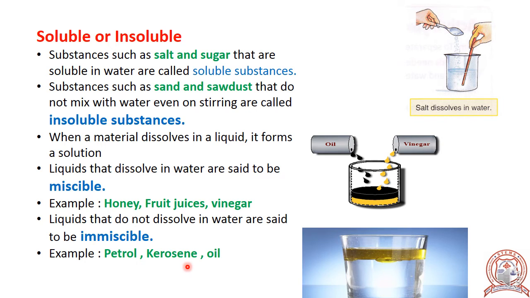Examples: petrol, kerosene oil, etc. When a material dissolves in a liquid, it forms a solution. What is a solution? When a material dissolves in a liquid, it forms a solution. So, understood this, soluble and insoluble.